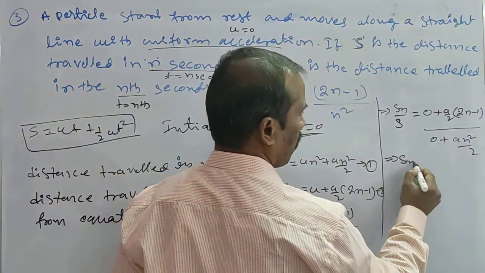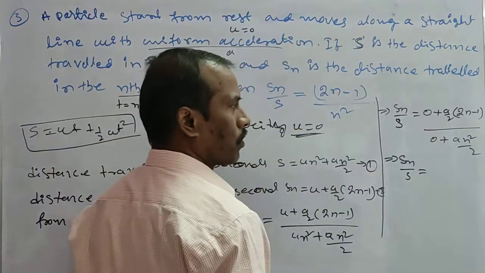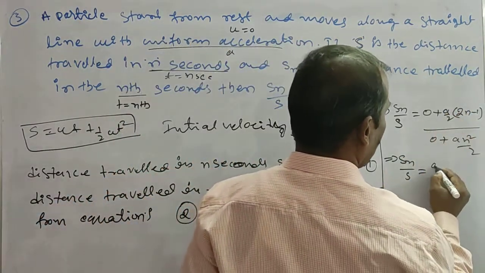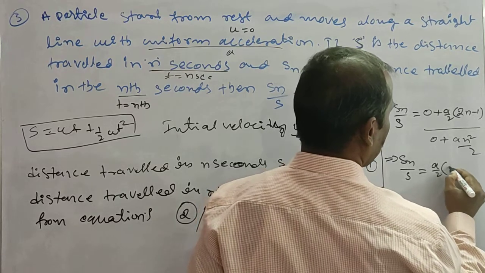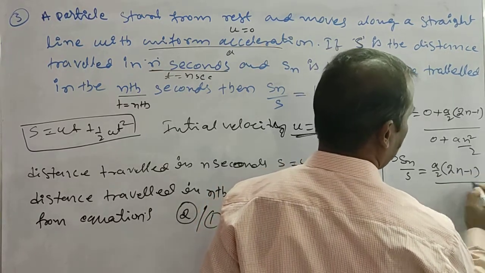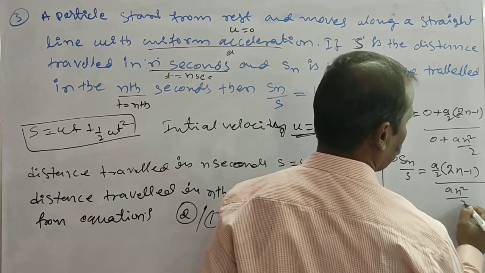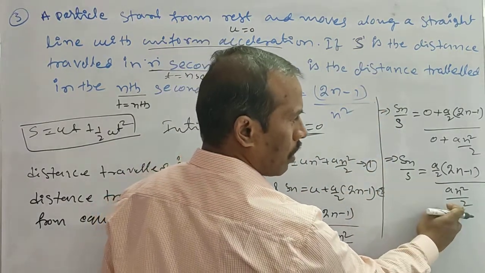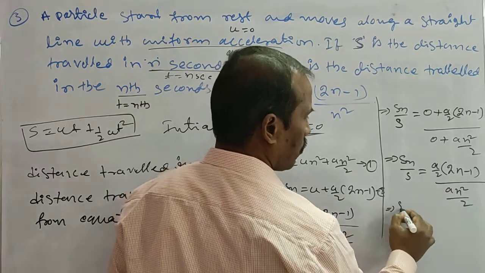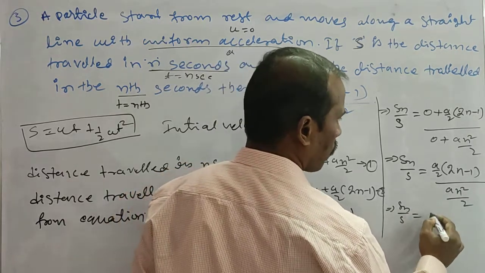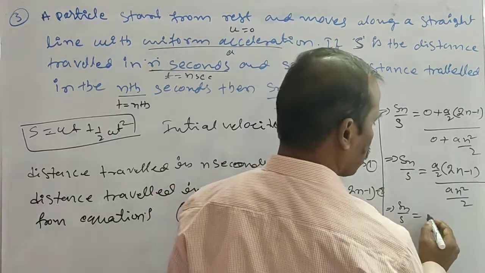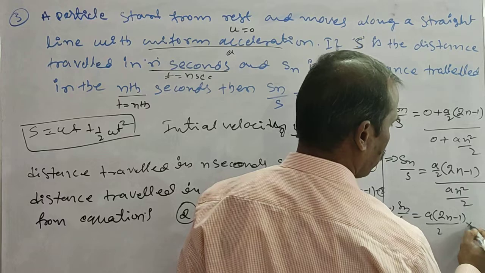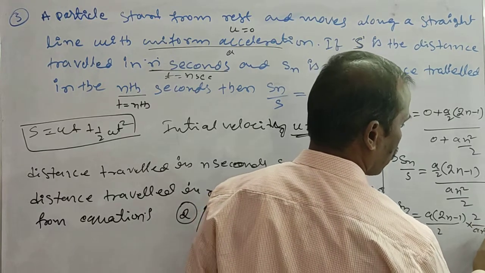So Sn by s is equal to the remaining terms: a by 2 into 2n minus 1, divided by a n square by 2. This is a denominator, so we reverse it: a into 2n minus 1 by 2, into 2 by a n square.